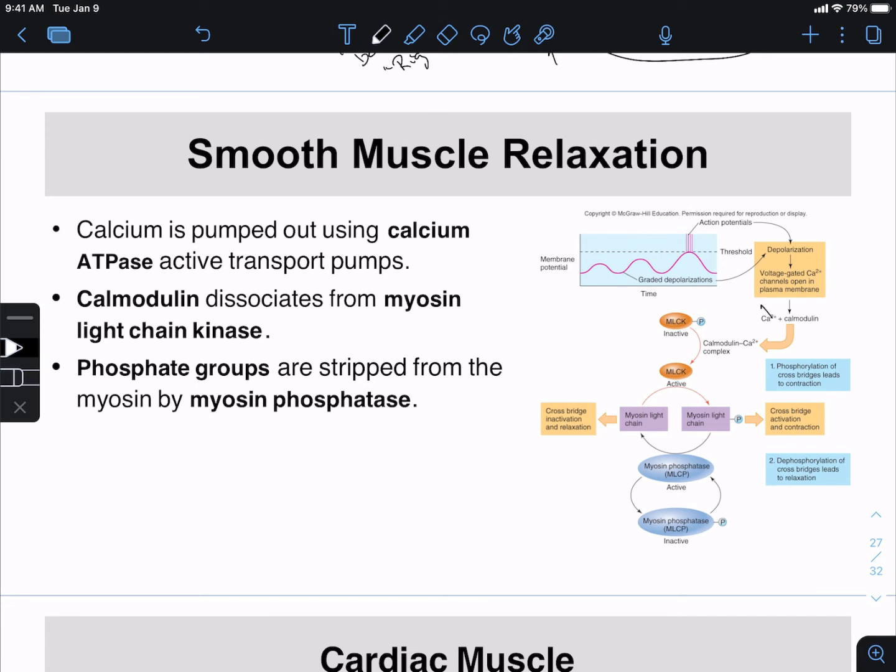Once calcium is gone, then calmodulin is going to dissociate from myosin light chain kinase, which will then go back to its inactive state. And then at that point, myosin phosphatase can just strip all the phosphates off of myosin, and myosin goes back to its relaxed state, and the muscle goes back to its relaxed condition.